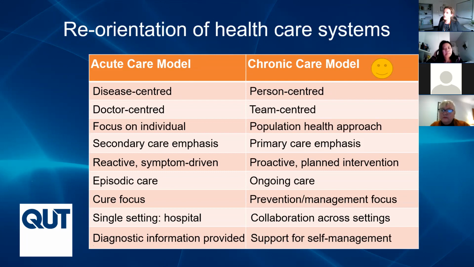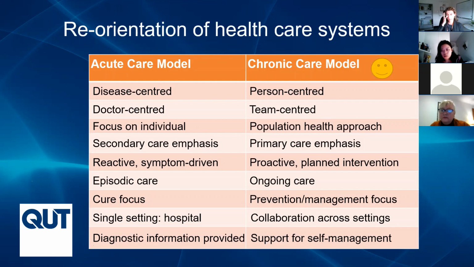And so we're very good at diagnosing things, but then perhaps not so good at following through with the actual thorough care. And so what a chronic care model does is it reorientates that way of thinking to be more person-centred, more team-centred, having more of a population health approach with a primary care emphasis.